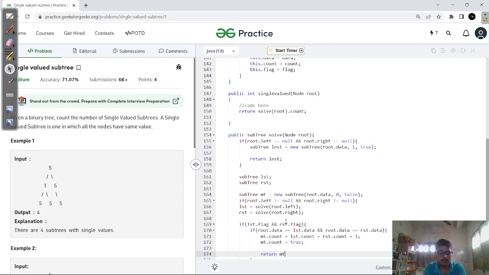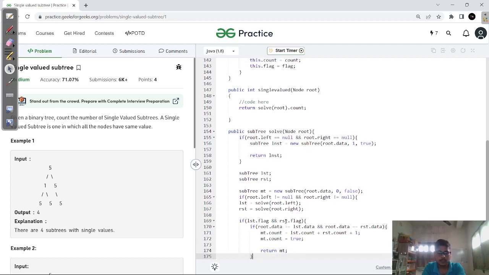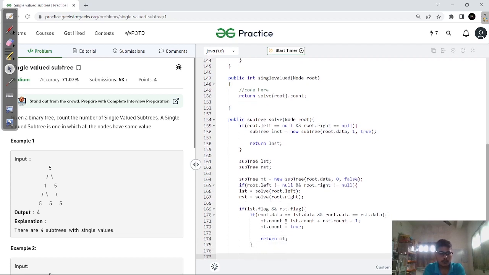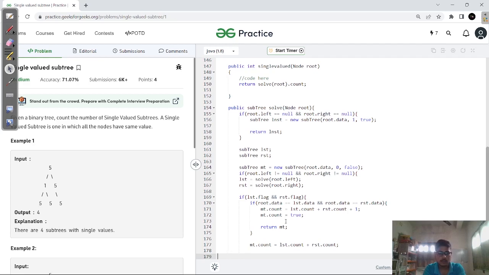I will return my tree. Else I will count my tree as only the left subtree count and right subtree count. And I will return my tree.